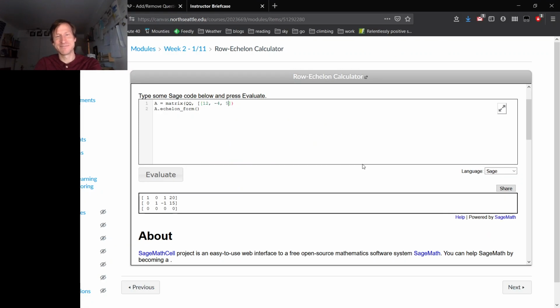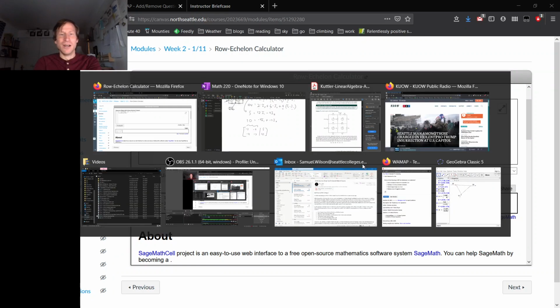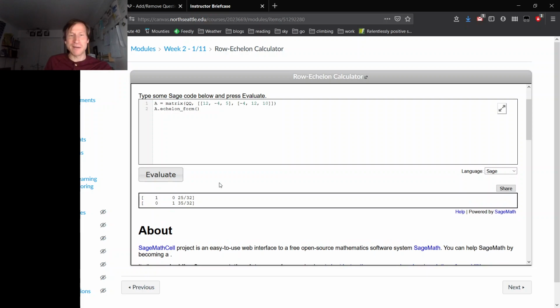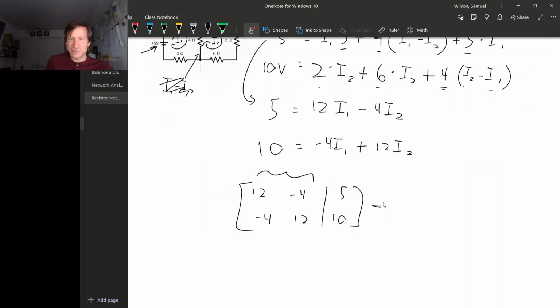Not lazy, I mean, once you've done one row reduction, you've done them all, so your appetite for doing more row reduction is rather low. Okay, so we get this. This reduces to 1 and 1, so this is encouraging because when we have a leading 1 in every column that corresponds to a variable, that means we're going to get a unique solution, which is kind of what we expect.